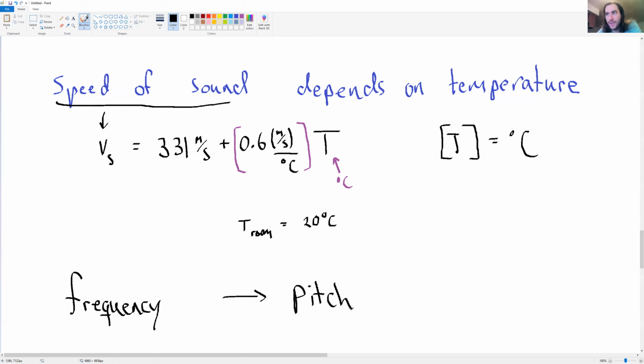Pitch is your perception of the sound of the notes that you're hearing. So frequency and pitch are not exactly the same, but if you go your entire life interchanging the words pitch and frequency, likely no one will ever notice a difference. They're virtually the same. So that's enough about that.